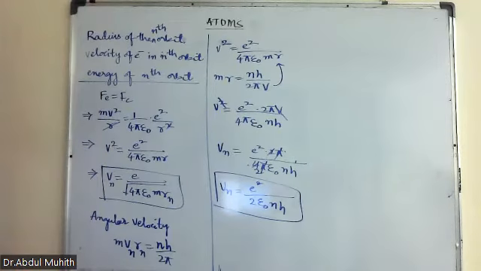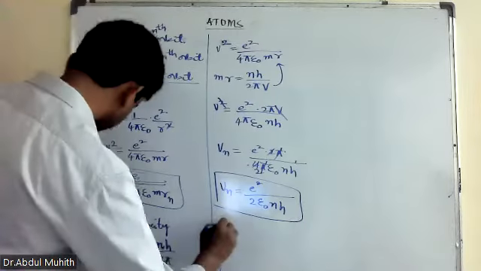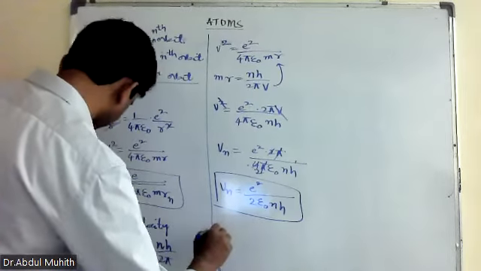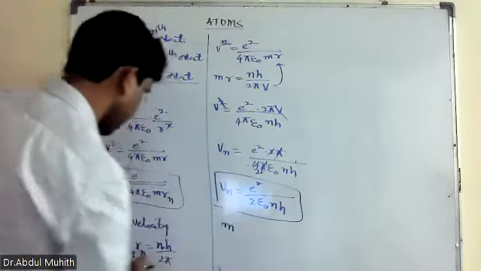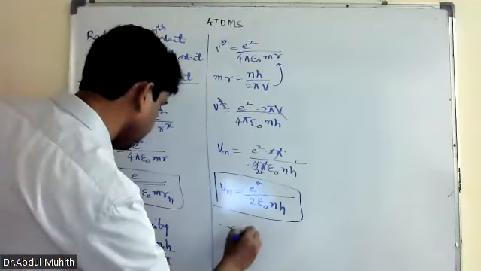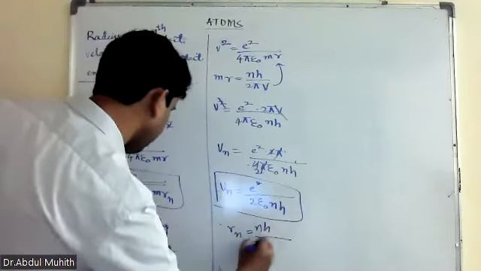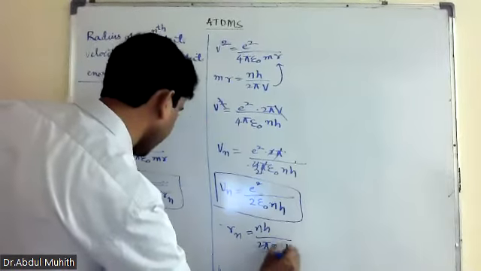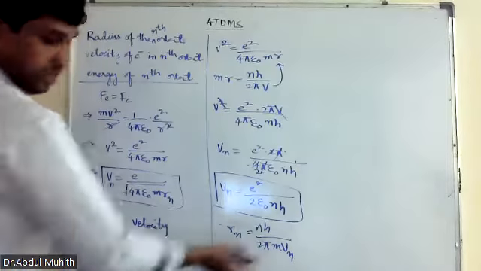Now I am going for the radius. What is the formula here? We already have the formula: mvr is equal to nh by 2 pi. Same formula, so rn is equal to nh by 2 pi m into vn. Now I am going to substitute vn there.